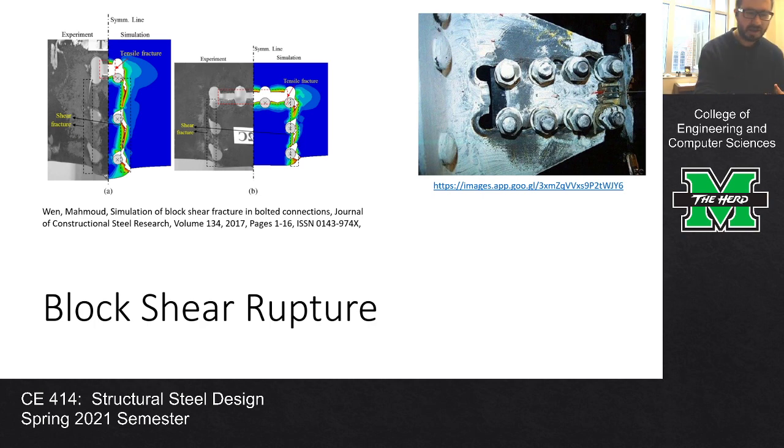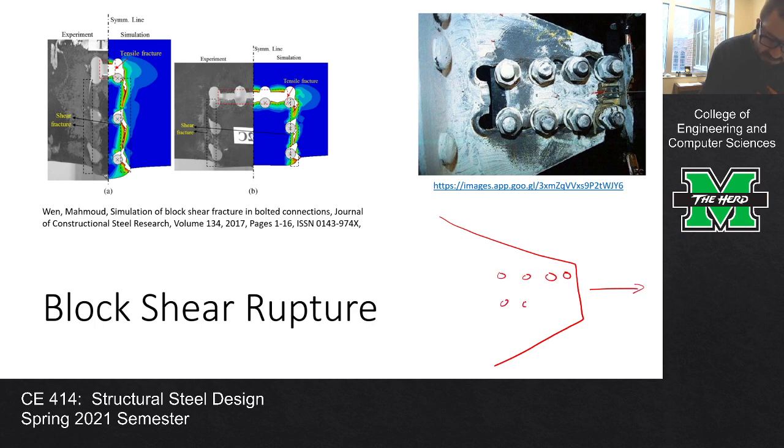You can see there's this connection right here being yanked on, and there are some bolts here. Basically, this chunk of material is being ripped out, and that's the block that is ripping out of the section.